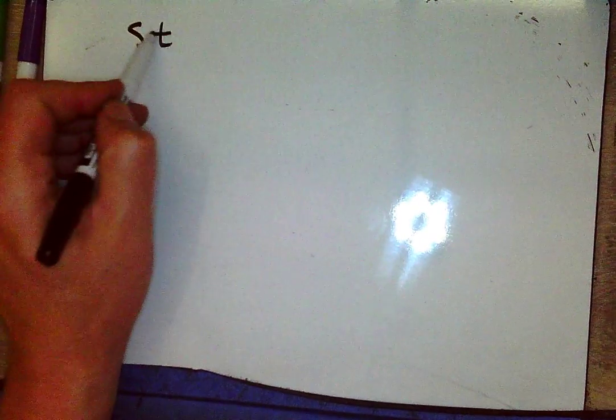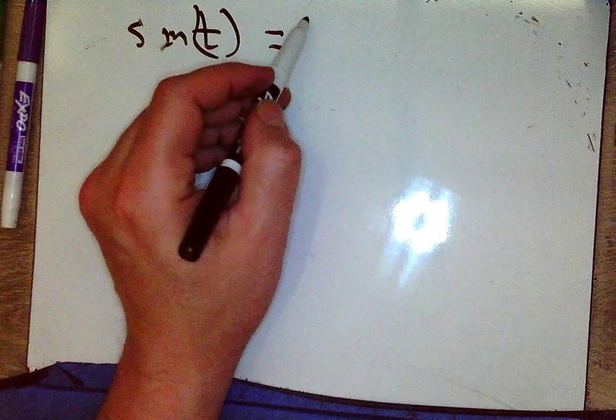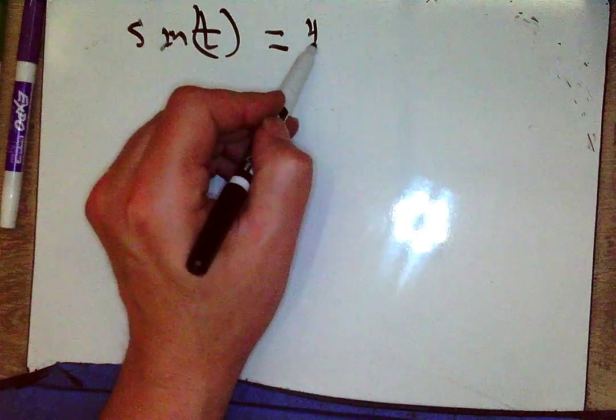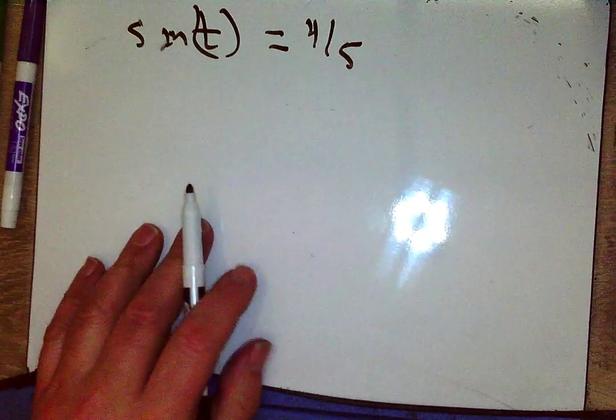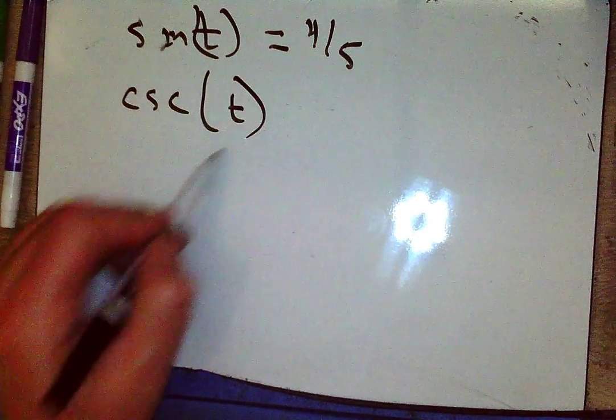And the third magic secret to trig, that one's going to come up more later, is know and use your identities. So, what if we say that the sine of t equals 4 over 5? Will you tell me what the cosecant of t is?